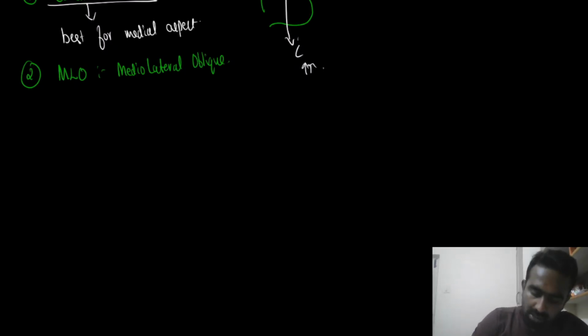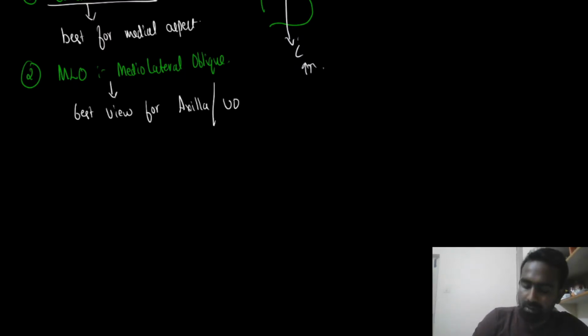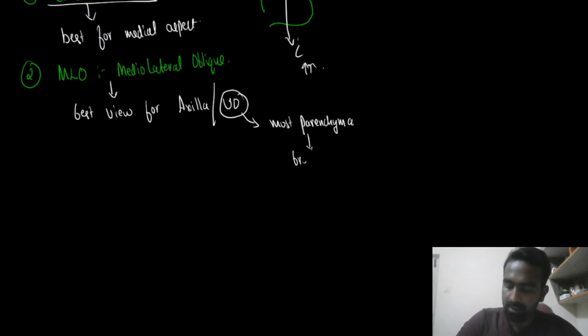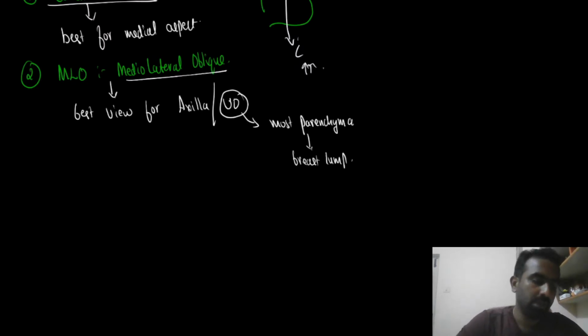It is towards the axilla, so it is the best view for the axilla and upper outer quadrant. The upper outer quadrant has most of the breast parenchyma, so it is the most common site for breast cancer, breast lump or breast diseases. This is best observed in the mediolateral oblique view, which also covers most of the volume of the breast.